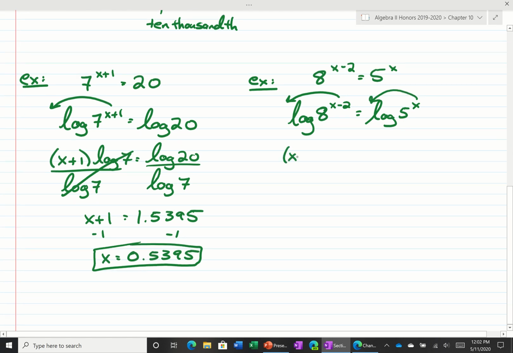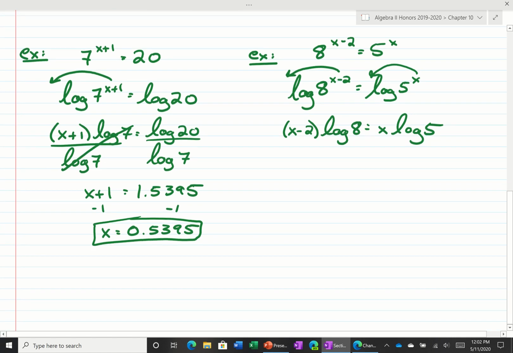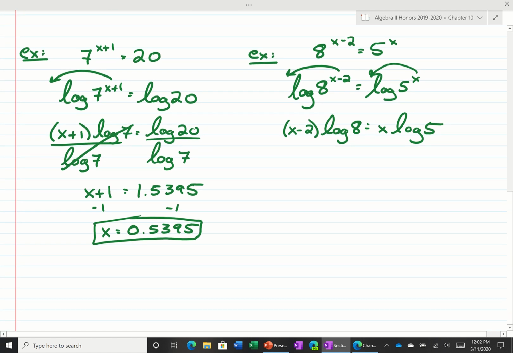So we get x minus 2 times the log of 8 is equal to x times the log of 5. Now, log 8 and log 5 are just numbers. We could distribute that in here, but we'll have a lot of decimals floating around. So generally what I do is I would just divide both sides by the log of 8.